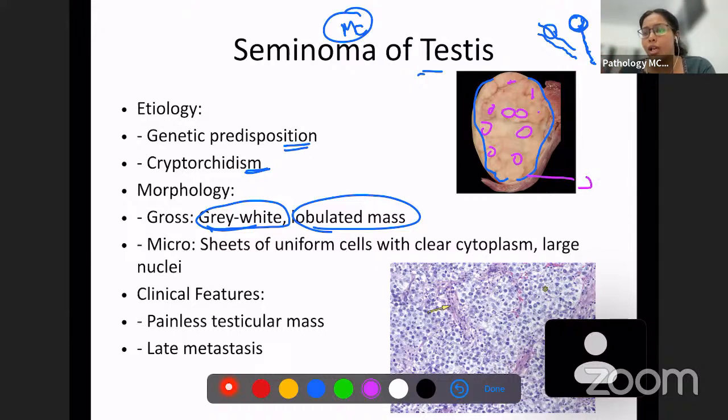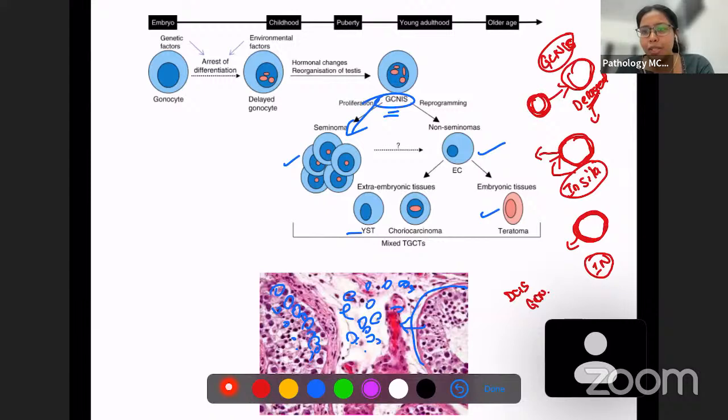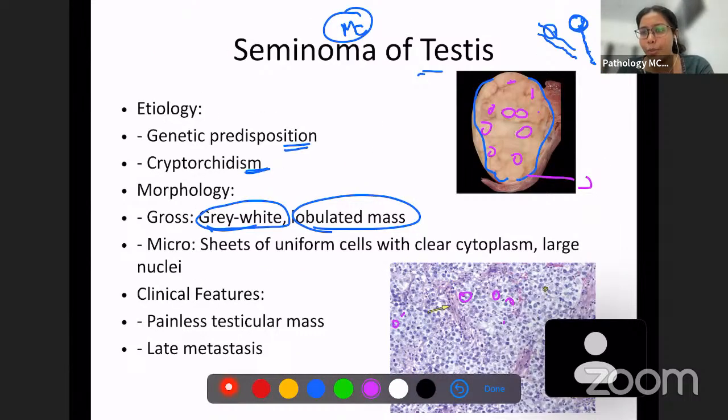Microscopically, I want to show you something interesting. Here you can see that these are all cells with very clear cytoplasm and small nucleus over here. And you can see the germ cell GCNIS cells totally resemble the cells of seminoma. And there are going to be uniform sheets of clear cells and these sheets are going to have septae with lymphocytes.